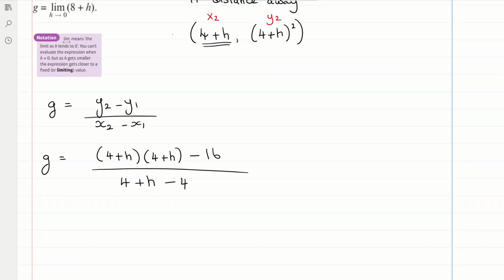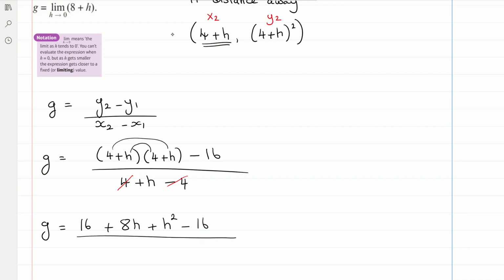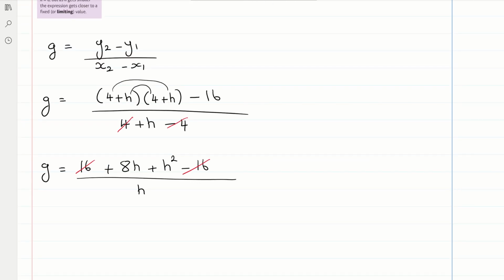And again, like we saw previously, 4 take away 4 is 0, so they're gone. Then I multiply out the double bracket, so I've got 4 times 4 is 16, and 4h add 4h is 8h, then h times h is h squared, and I take away the 16. And again, I hope you can see, 16 take away 16 is 0, that's gone.